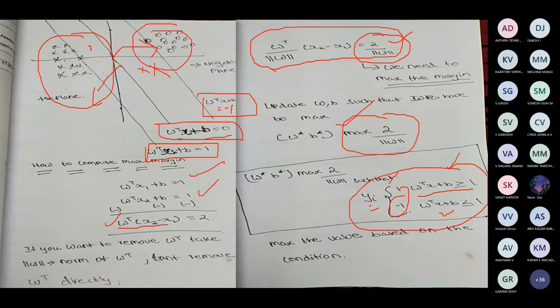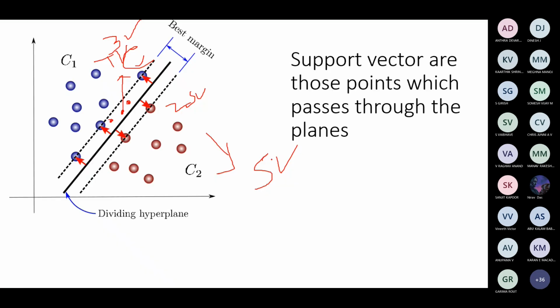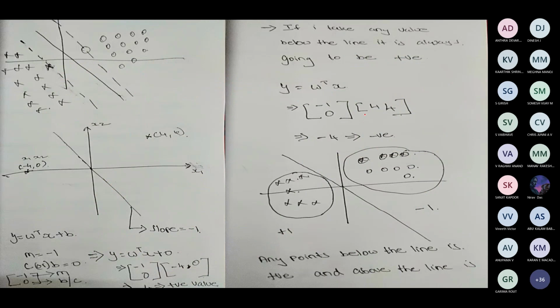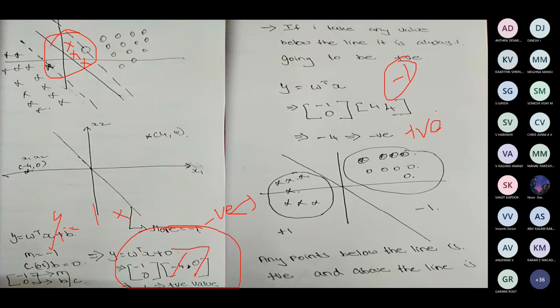But if I'm taking this, and if I get a positive value, let's take this example itself. If I'm doing this math but instead of positive I get a negative, so with yi being 1, 1 into negative gives a negative, it means these values are falling over here, which is a negative classification, which is a misclassification. In the same way, if I'm getting positive over here and I multiply by yi as -1, I get negative.